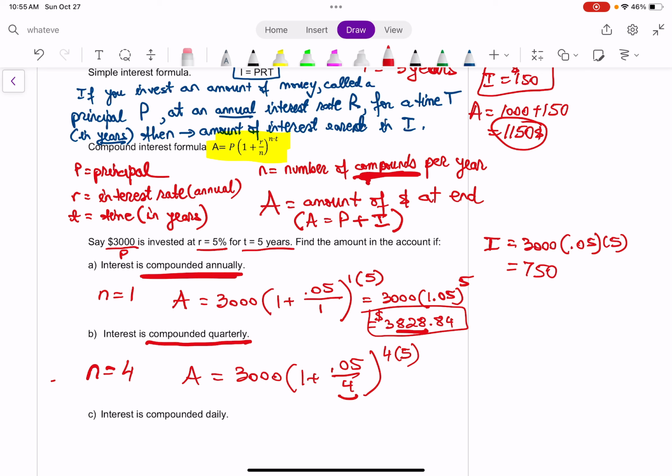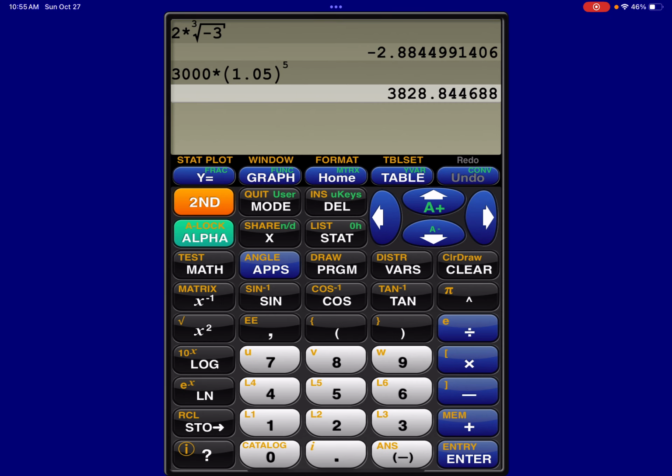So I'm going to leave this and put it in the calculator as it is. I want 3,000 in parentheses, 1 plus 0.05 divided by 4, just like that, to the power of 4 times 5. Of course, we all know 4 times 5 is 20, but even if you didn't know, you can just put all of this in nicely.